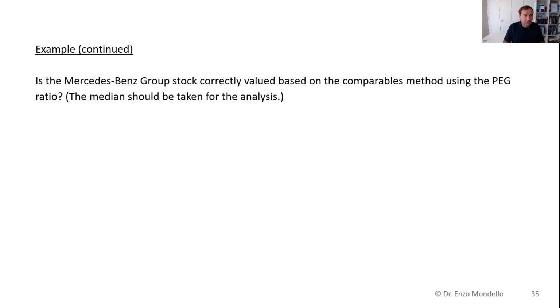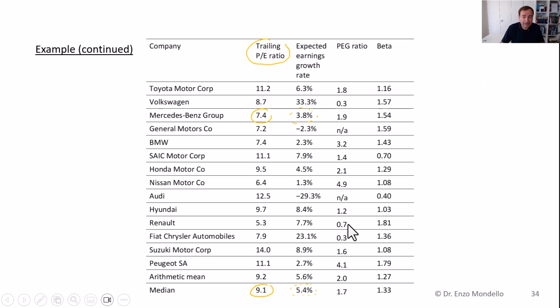Now we have to answer the following question: is the Mercedes-Benz Group stock correctly valued based on the comparables method using the PEG ratio? So far I've just used the price to earnings ratio for the relative value analysis, and now let's take the PEG ratio.